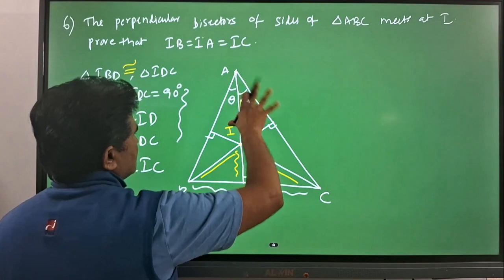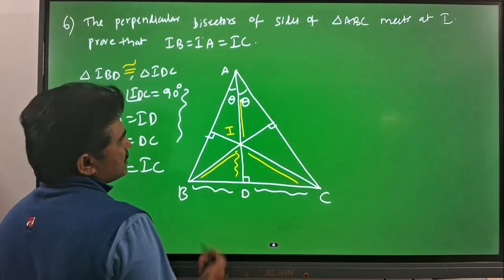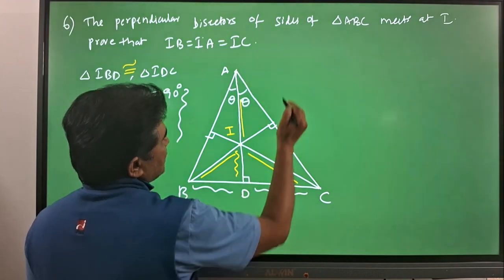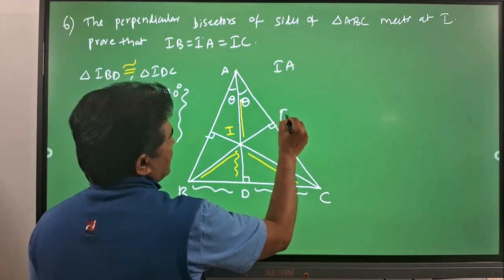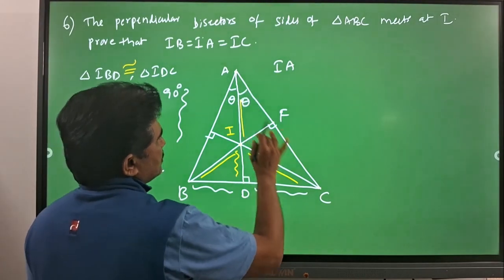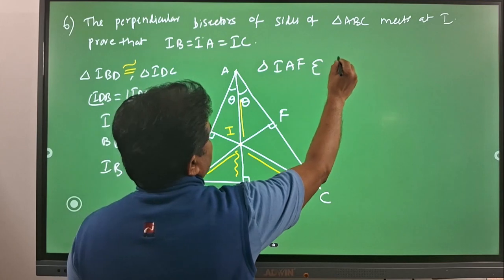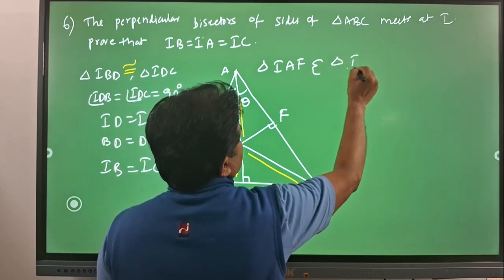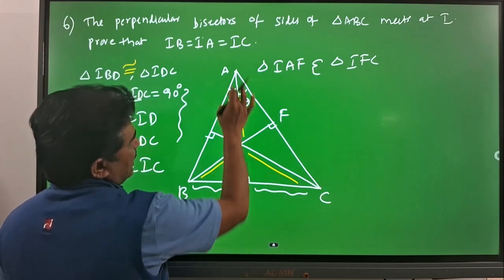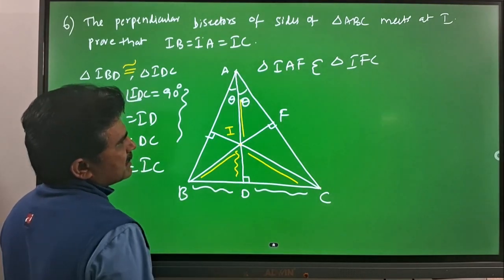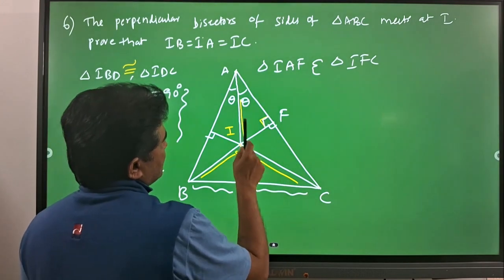Now consider another two triangles to get IA also. I will keep F here. Consider these two triangles: triangle IAF and triangle IFC. Here also there is a 90 degree angle on this side and that side.